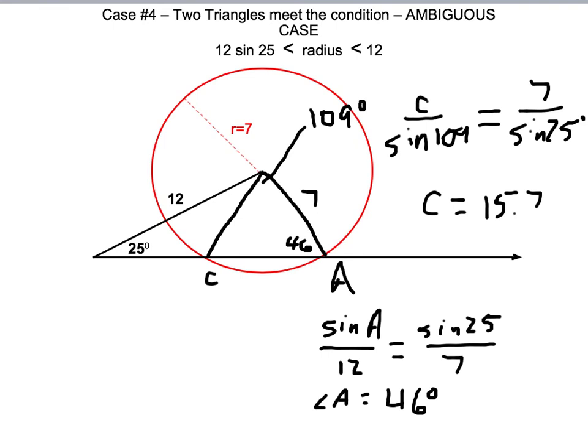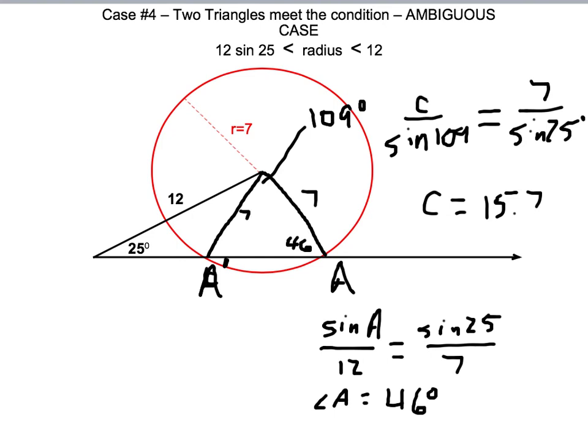And so what we have to do now is this goes back, and that's going to be still angle A, but since it's in a second triangle, let's, for the sake of this argument, call it A prime. So what's the measure of A prime going to be? Well, we could use the fact that this side right here is still 7.